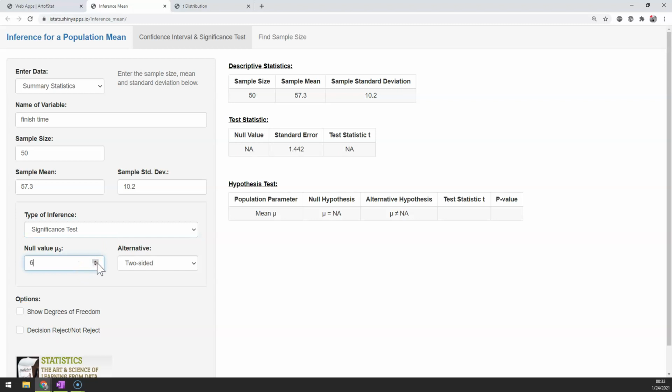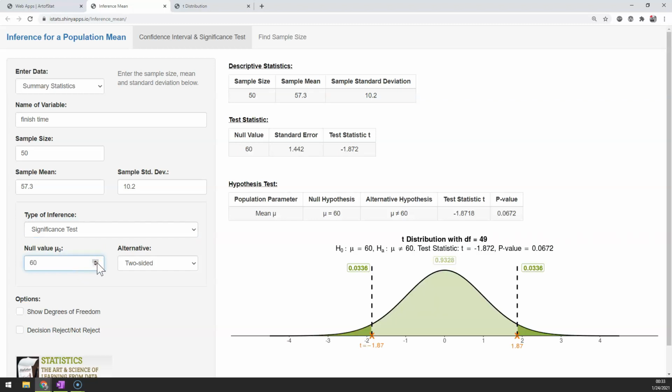If you recall, that was 60 for the null, and for our alternative, we had a one-sided that was only the less than side. And by entering all the summary statistics that were given to us, you see that we get the results over here on the side, which exactly matches up with what we were saying. We have a p-value of 0.0336 with a test statistic of -1.8718.